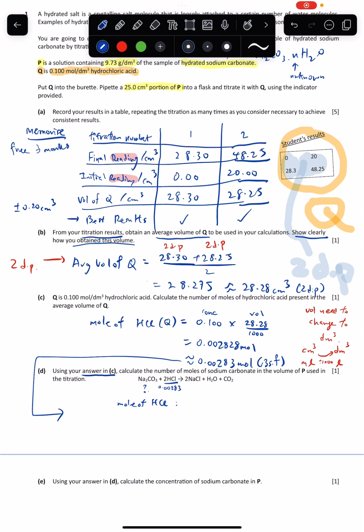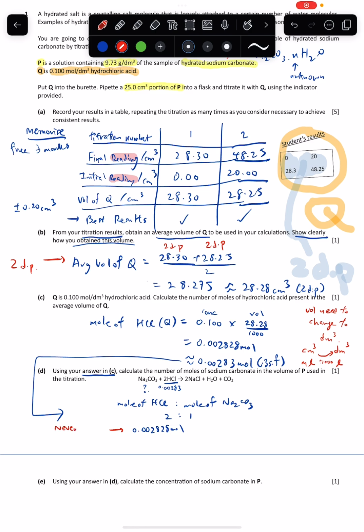I write that first. So I rearrange. The ratio is 2:1. How do I know? The question gives me one, the equation gives me one. But do I really have 2 moles? I don't. I have 0.002828 mole.